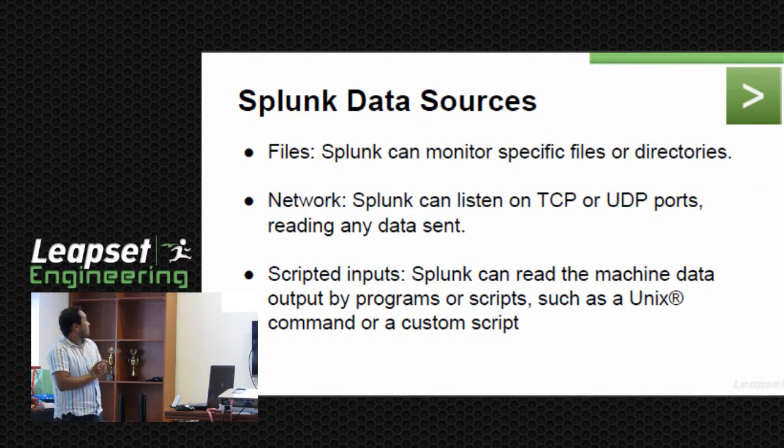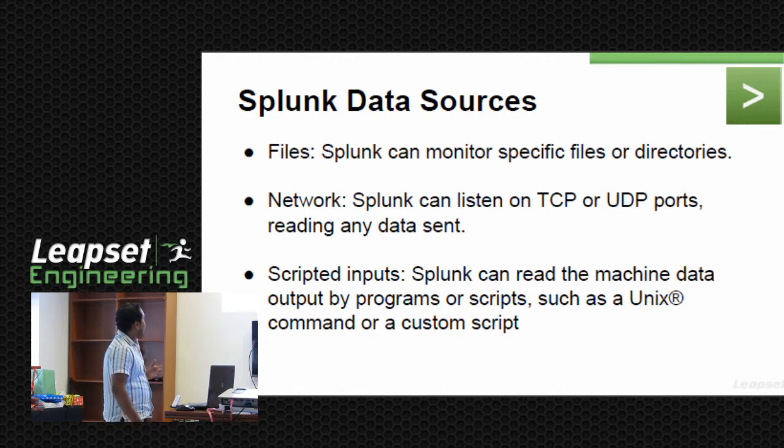These are the data sources that can apply for Splunk. We can mainly add log files directly through the Splunk forwarder. We can also add directories, and then all the files inside the directory will be indexed in the server. Then we have a network port.